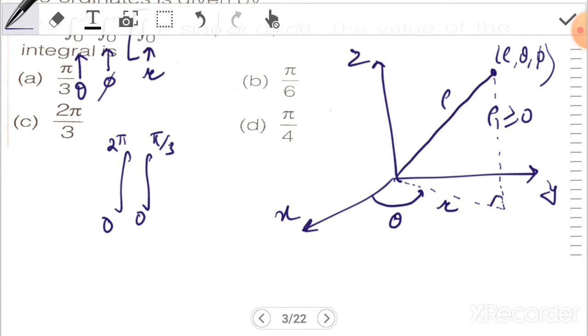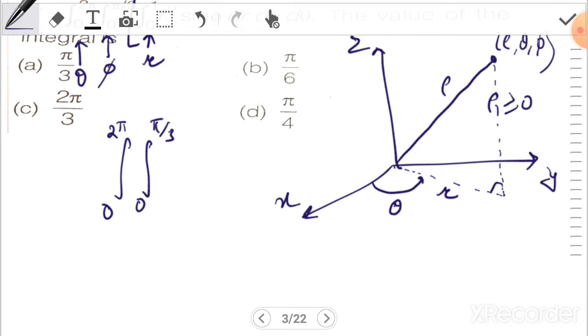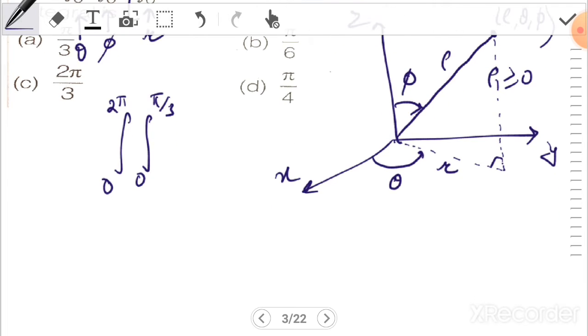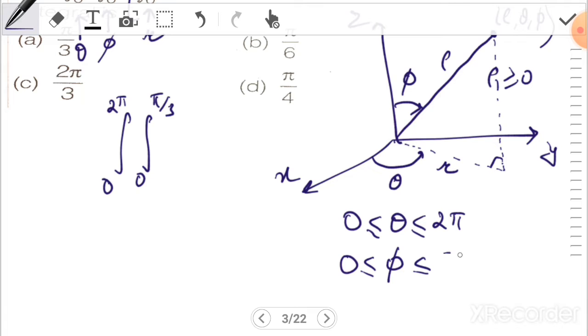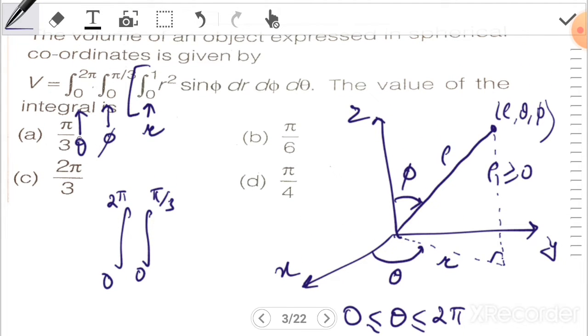Finally, phi is the angle between the positive z axis and the line from the origin to the point. Obviously theta varies from 0 to 2 pi, and phi varies from 0 to pi. So hence this is phi and this is theta.